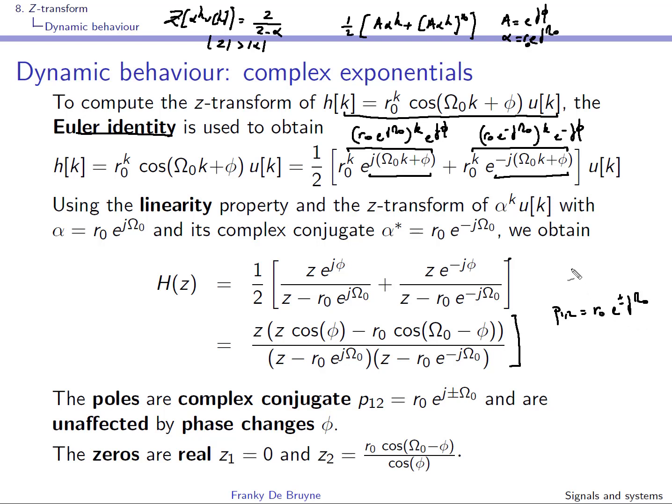So you have to make the link between the argument here and the frequency over here, and the radius that you've got over here, and this damping function that you have here in the impulse response. Of course, it's also possible to compute the zeros, but this goes beyond the scope of the course. So in the next slides, what we'll do is look at this type of impulse response as a function of the poles of the transfer function.